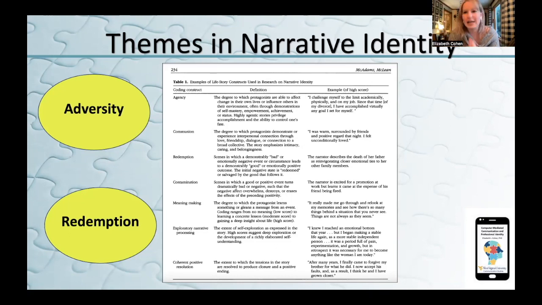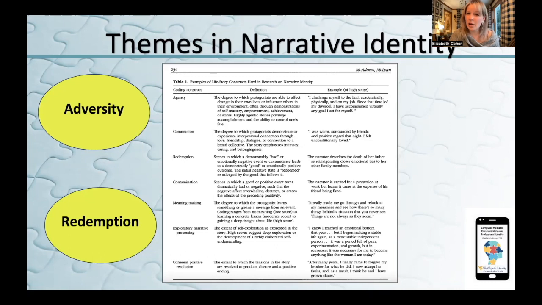The ideal, right, is to have a narrative identity that is built on redemption from different types of adversity. But not everybody has this. And when you read this lovely article, they talk a lot about the developmental components of narrative identity. One of the things that really stuck with me is that not everybody does it well.